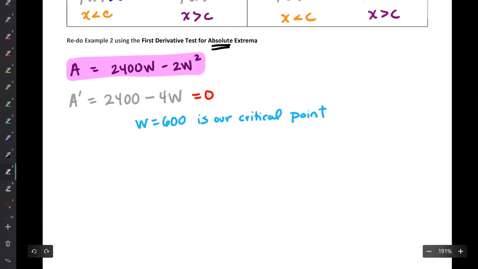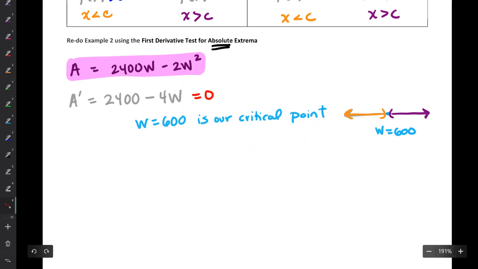That critical point breaks up the domain. Here's my critical point, W is 600. We've got W values that are less than 600, and then W values that are greater than 600.